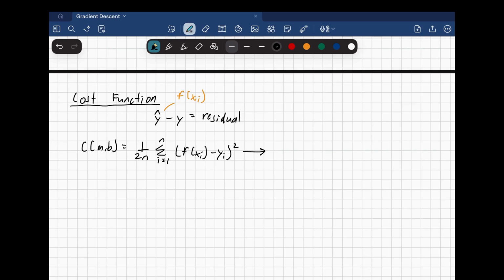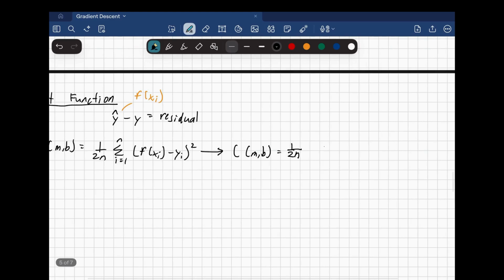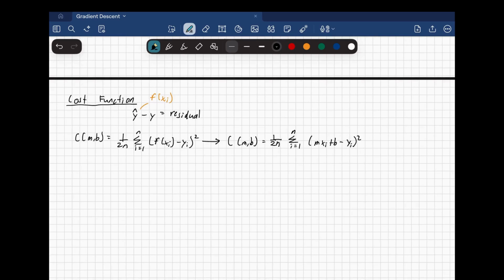Now, substituting the linear regression equation, we have, where c as a function of m and b is the cost function or the mean squared error, and n is the number of samples or points.